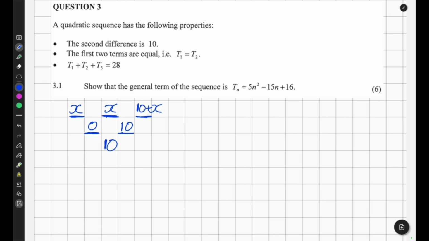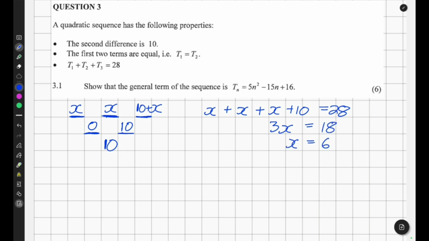So it feels like they gave me way too little info, but I could actually build a whole algebraic thing, and I can now equate that to 28 and then solve for x. So what I'm going to say is x plus x plus x plus 10 is equal to 28. Therefore, 3x is equal to 18, and therefore x is equal to 6.